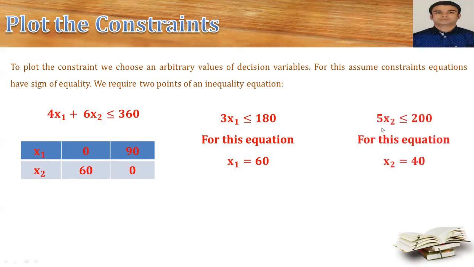Next equation is 5x2 is greater than or equal to 200, meaning x2 is equal to 200 divided by 5, which is 40. It means for every value of x1, x2 remains constant, and this constant value is 40. Here we plot the point of our constant equation.